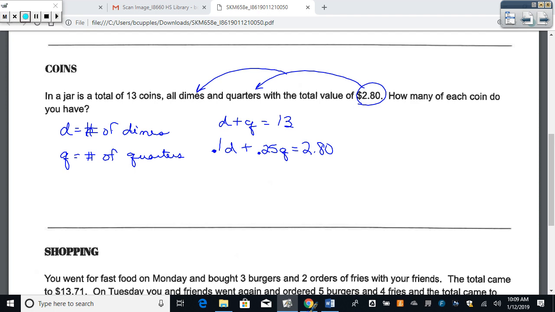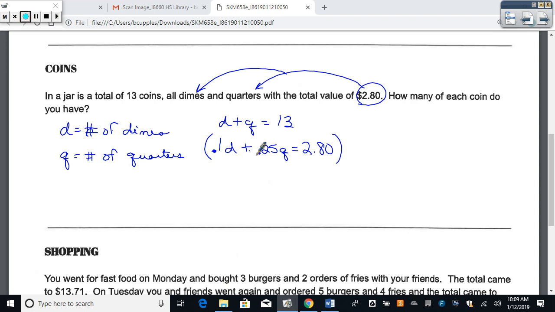Now, from there, you guys can do whatever you want to. You guys told me the other day you like doing elimination, okay? So one of the things that I've seen a lot of students in the past struggle with is these decimals, okay, that sometimes confuse them. So what I'm going to do to help us out here in this problem is I'm going to multiply each of these by 100.